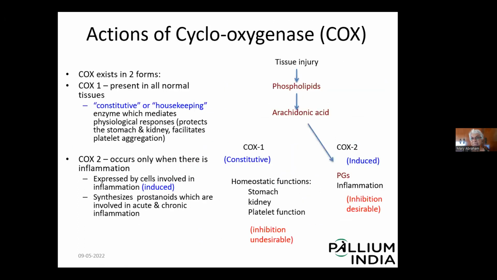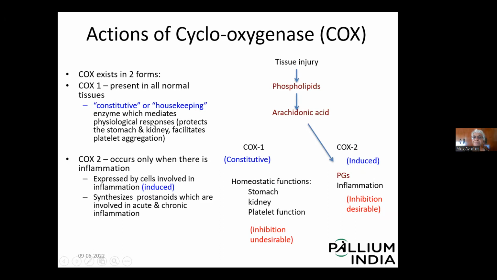Now, if you look once again, if there's a tissue injury, there's a release of phospholipids, which is converted to arachidonic acid, which is converted to prostaglandins with the help of this enzyme, which is a cyclooxygenase. Now, there are 2 types of cyclooxygenase that exist in the body. The one is COX-1, which is actually the constitutive or the housekeeping enzyme.